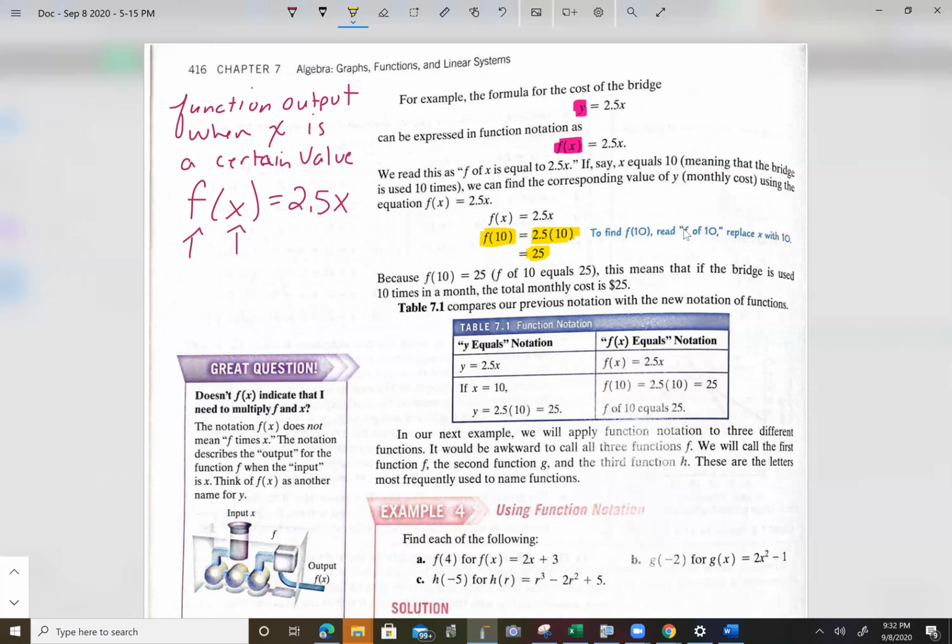Okay, and the book says make sure you know this means you read this as f of 10. And you do need to know that because when we move forward in any of your math classes, many of your professors will just say f of 10, f of 5, find f of 6. That means solve that equation when x is 6.